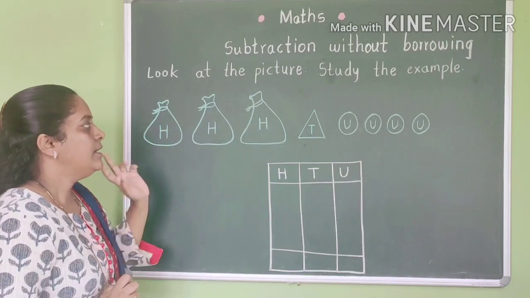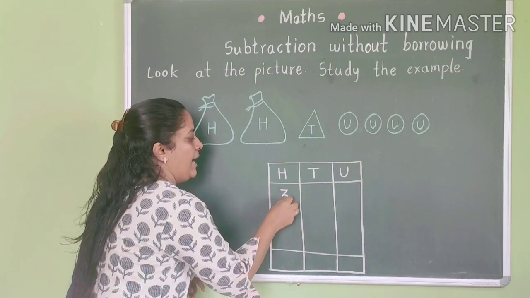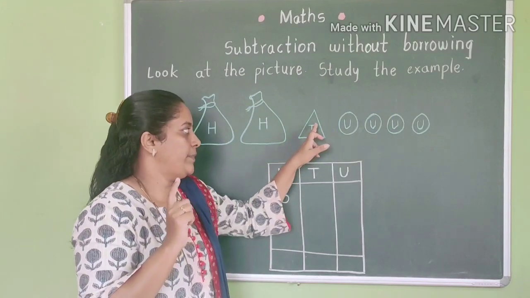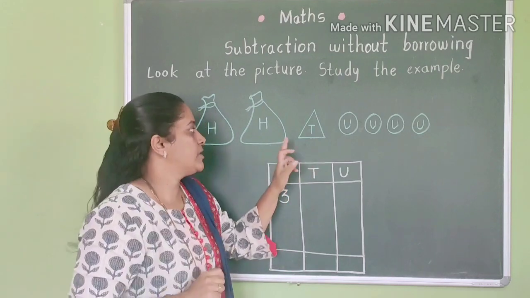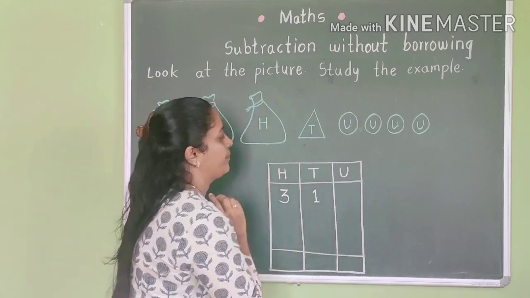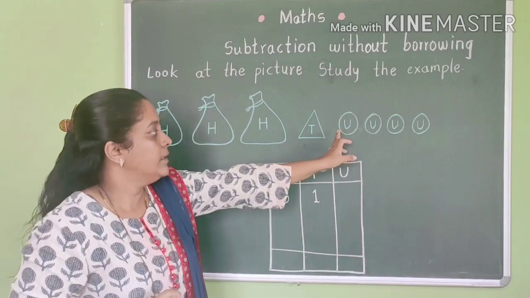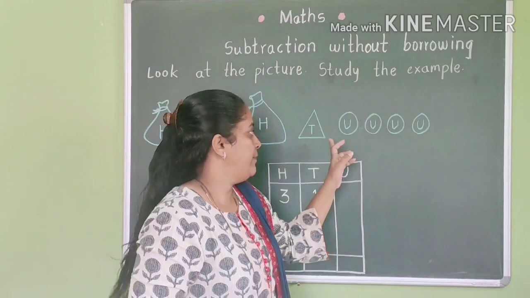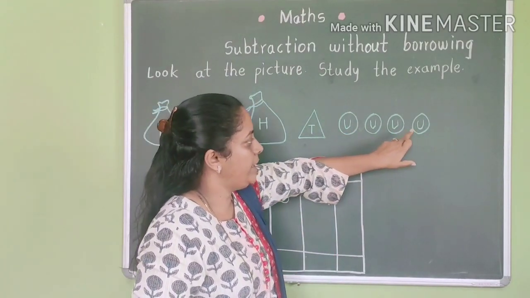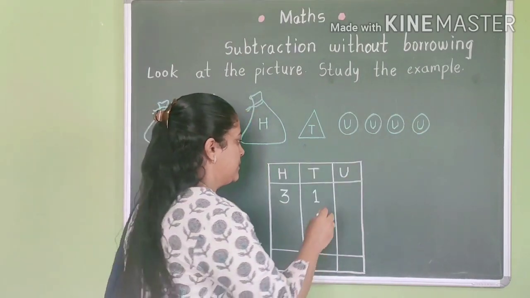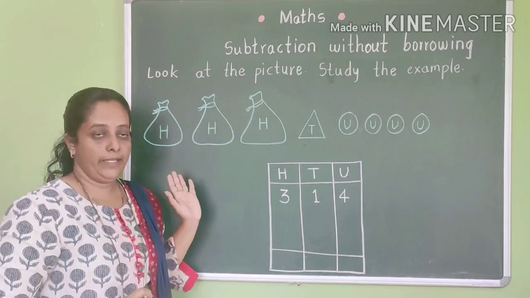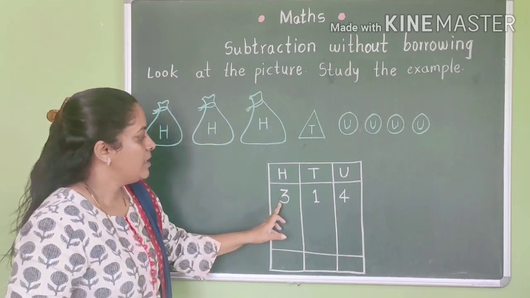Total hundreds are 3. Here only one triangle and triangle represents 1 tens. So total tens are 1. And the circles are representing units and there are total 4 circles. So there are 4 units.